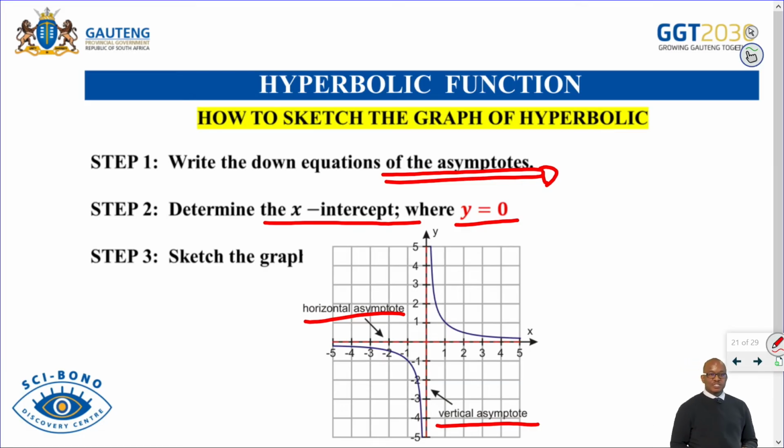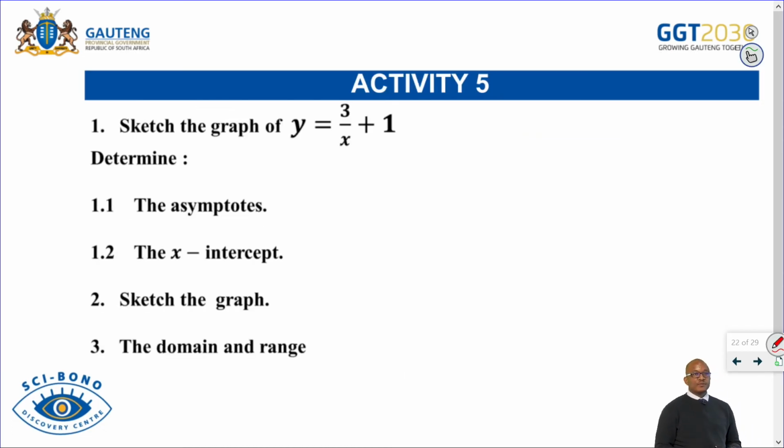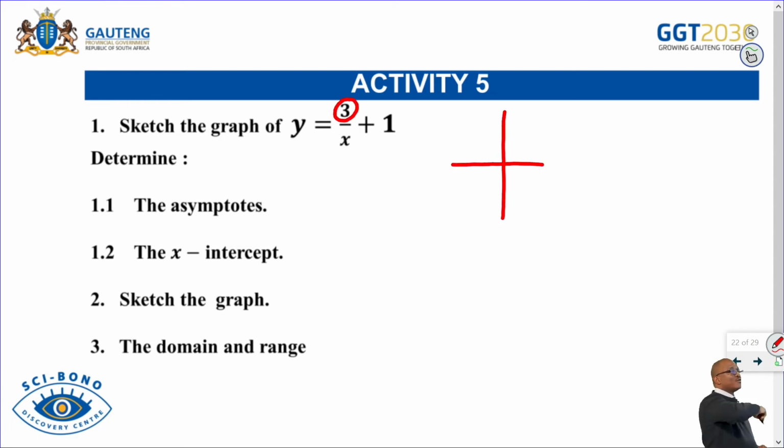Then now we have to sketch our graph. So without any waste of time, let's check how do we sketch this type of a graph. The first graph that we have to sketch is given by y is equal to 3 over x plus 1. Then remember, we said if this value is positive, we expect our graph to be in quadrant 1 and quadrant 3.